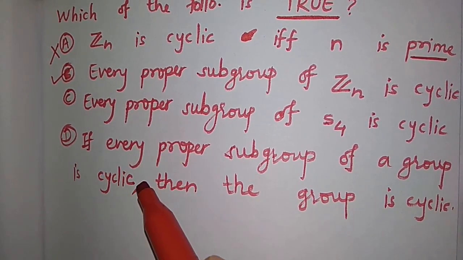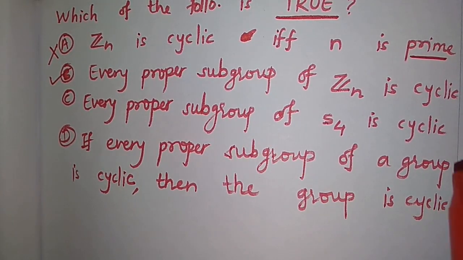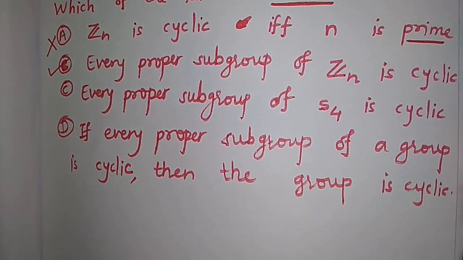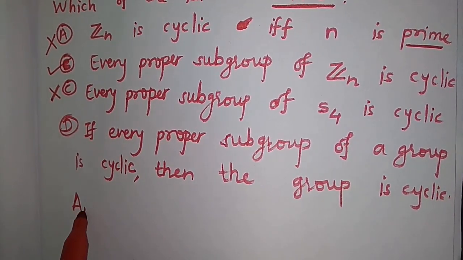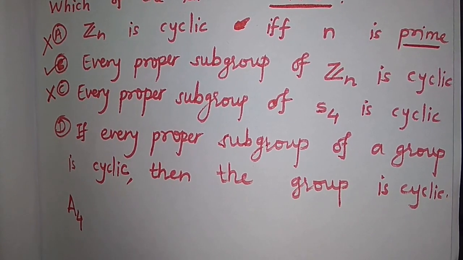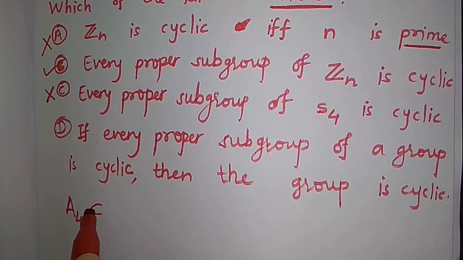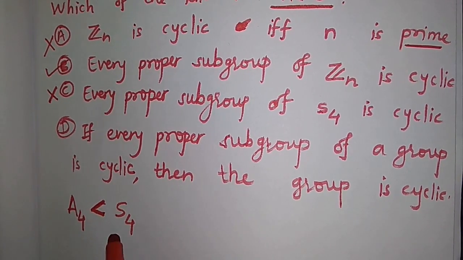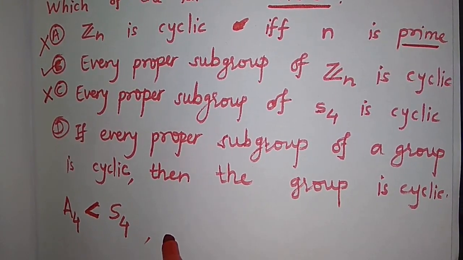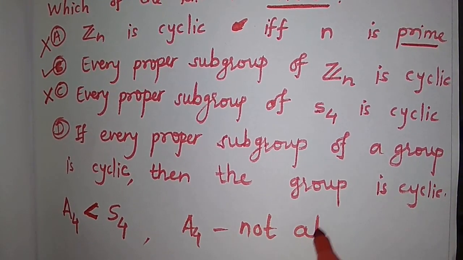So go for C. Every proper subgroup of S4 is cyclic, which is not true because if you take A4, the set of all even permutations of the group S4, then we know that A4 is a subgroup of S4, and we know that A4 is not abelian.